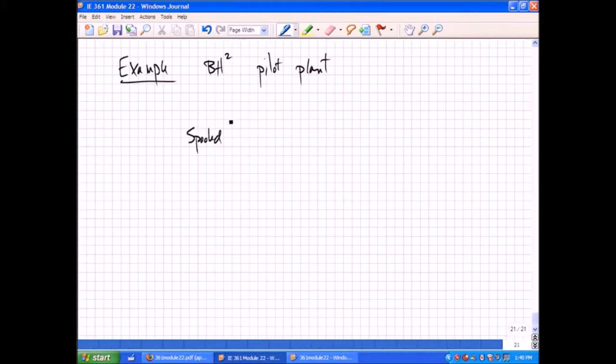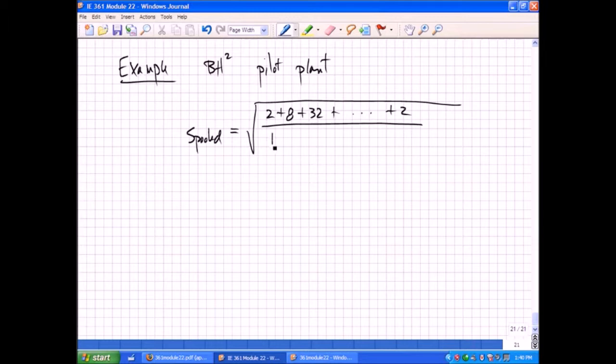So S pooled is going to turn out to be nothing but the square root of 2 plus 8 plus 32 dot dot dot, the last one of those things was 2, divided by 2 minus 1 is 1, plus 2 minus 1 is 1. That is, there are 8 ones down there in the denominator, and when all is said and done, that's 2.83 grams.